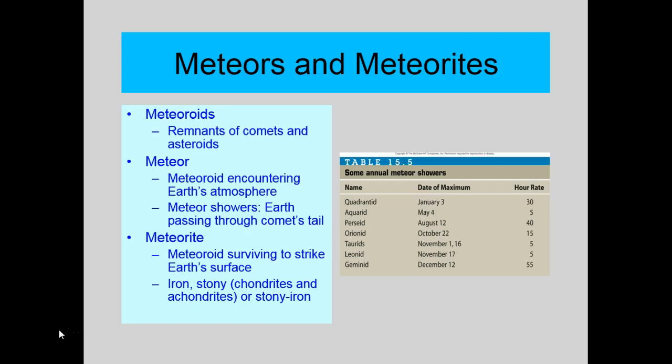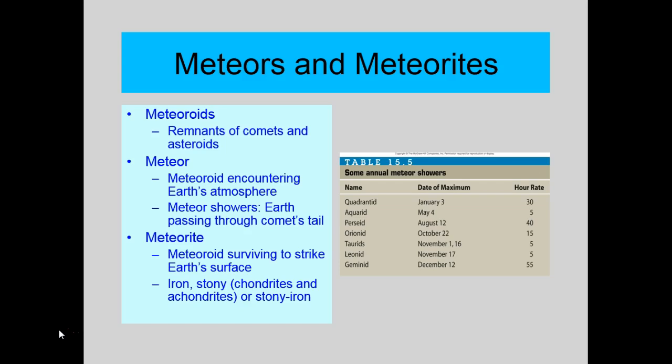So that's meteors. When we pass through those tails where the comets have gone through and left debris, then we'll see these showers. Okay? Now, what makes a meteorite? A meteoroid is just a piece of stuff hanging around out there. So when we pass through and suck it into our atmosphere, that's when it becomes a meteor and it burns.